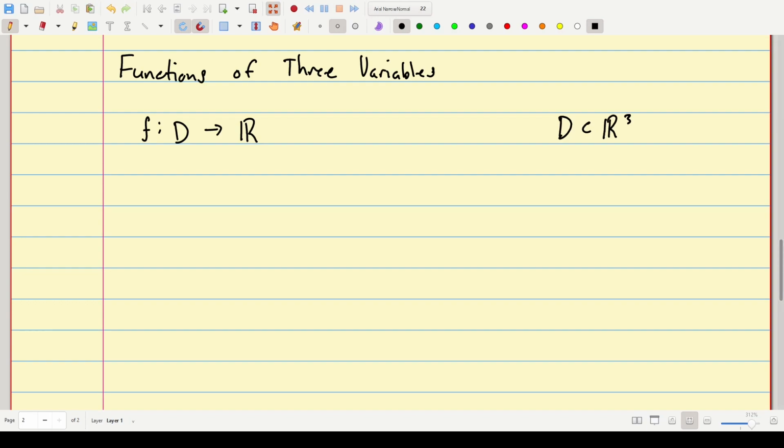We're going to take our domain to be a subset of three-dimensional space. And we are going to have an assignment operation like we had before, except now there are 3 independent variables.